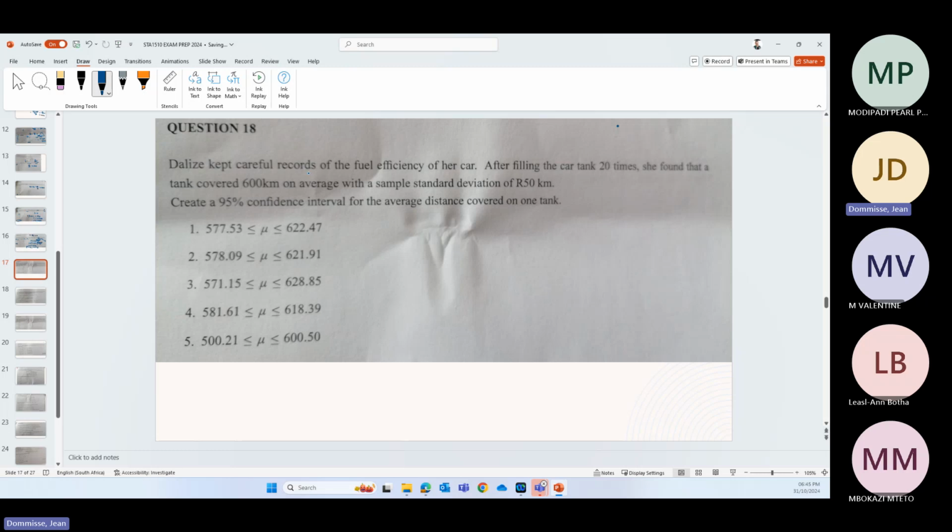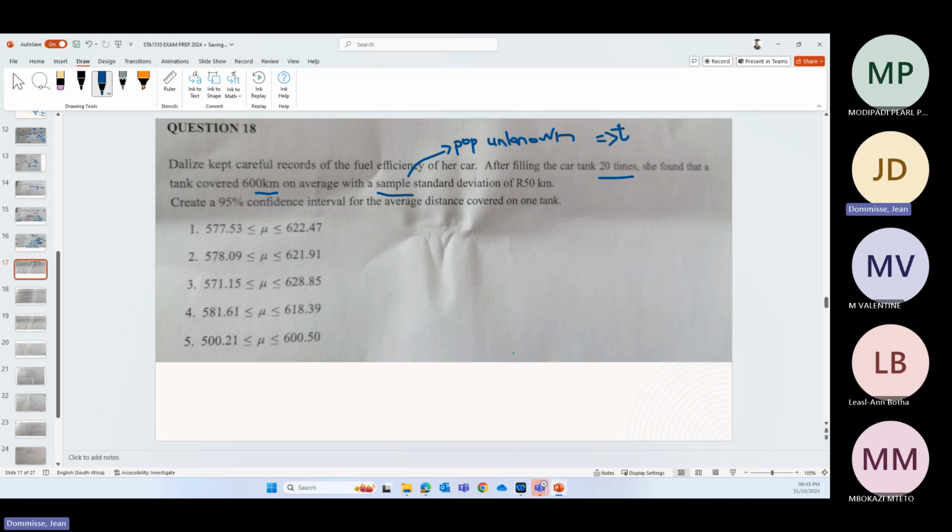Delise kept careful records of the fuel efficiency of a car. After filling her car tank 20 times, she found that the tank covered 600 kilometers on average with a sample standard deviation. So that means the population standard deviation is unknown, which means that we are working with the t.